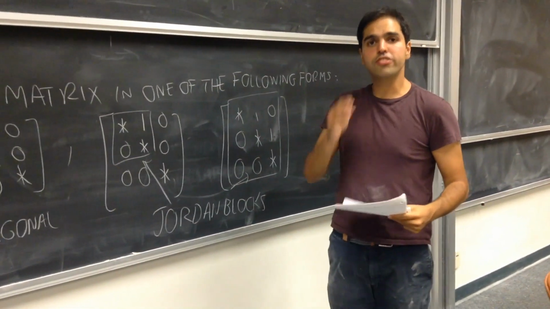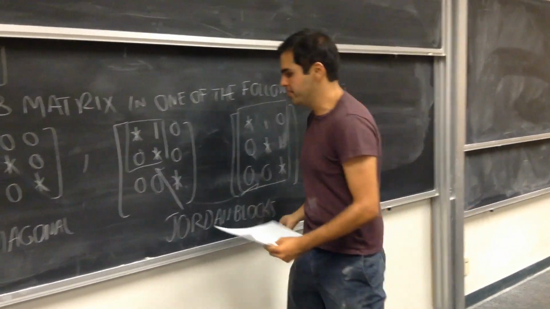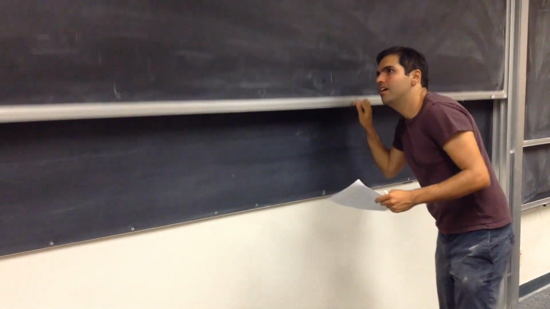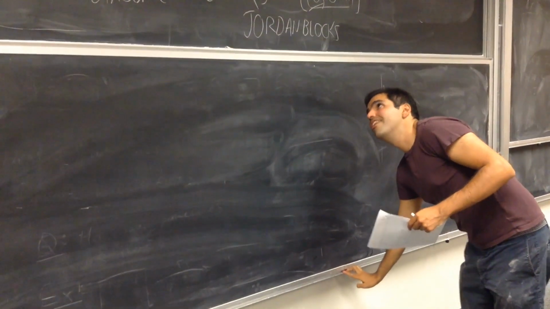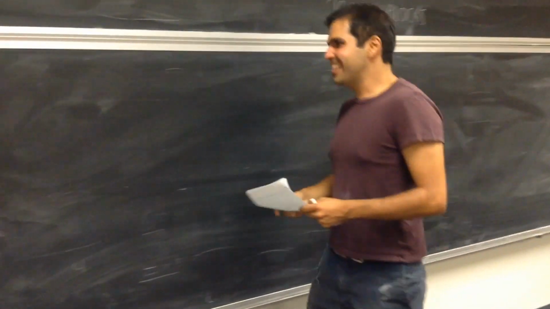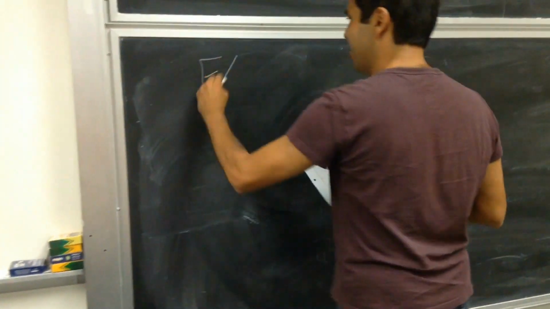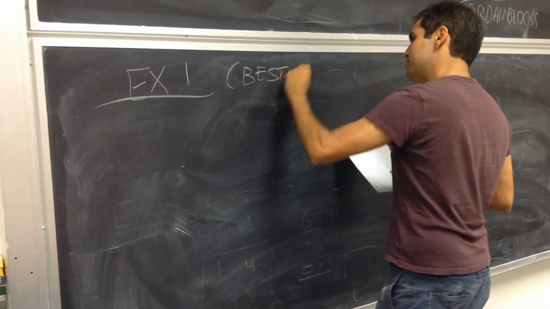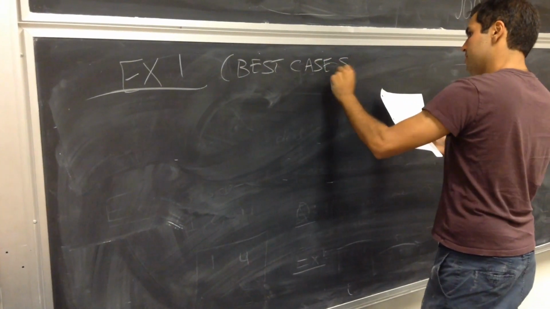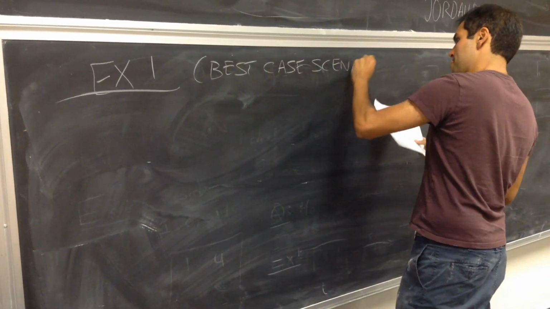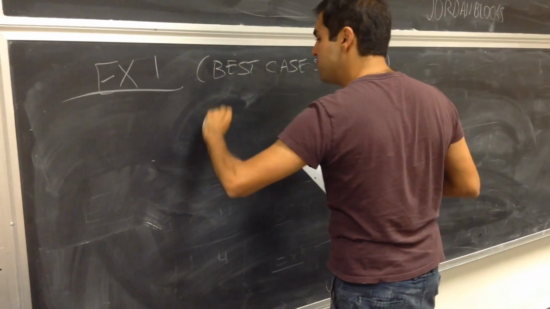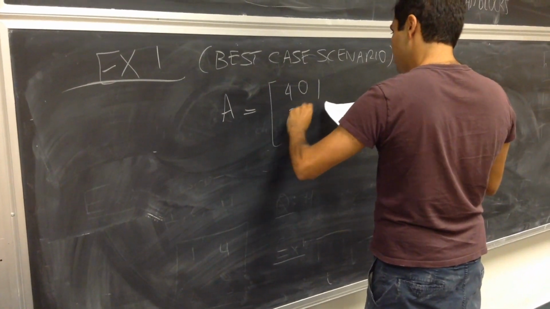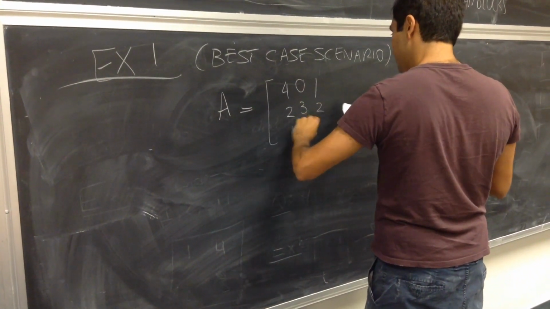Let me guide you through some examples of all the possible scenarios that could happen. First example, best case scenario. Unfortunately, not always happens scenario. Suppose you have the matrix A, which is 4, 0, 1, 3, 2, 3, 2, 1, 0, 4.